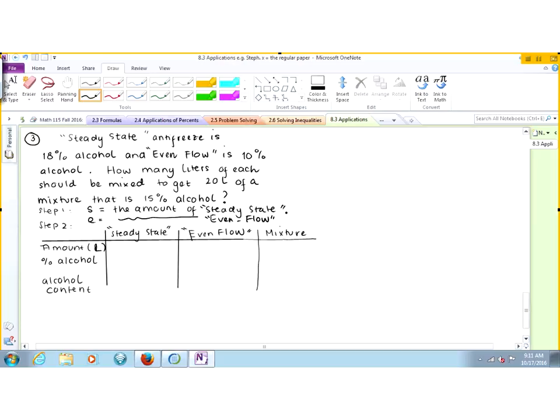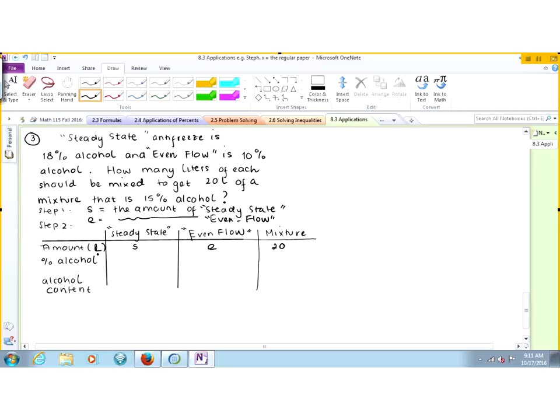All right. So steady state S. So I'm going to put S here. We don't know how much it is. Do we know even flow? How much? No. So we call it E. How about the mixture? Do we know what the amount of mixture is? Which one is the amount of mixture? 20 liters?